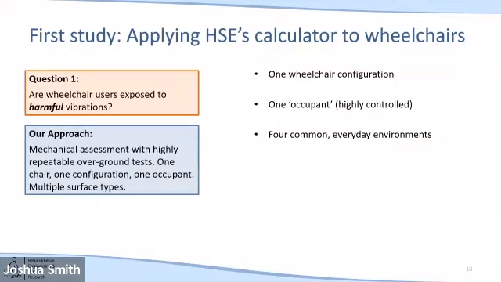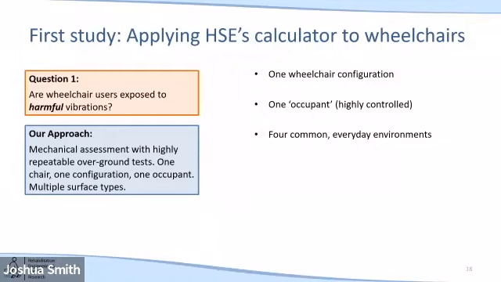Now, moving into the studies. We wanted to figure out how to apply this Health and Safety Executive approach to wheelchair use, and what levels of vibration exposure wheelchair users were experiencing throughout their day-to-day activities. We wanted to take a mechanical assessment approach, streamline as many things as possible, and hold control over as many variables as possible.